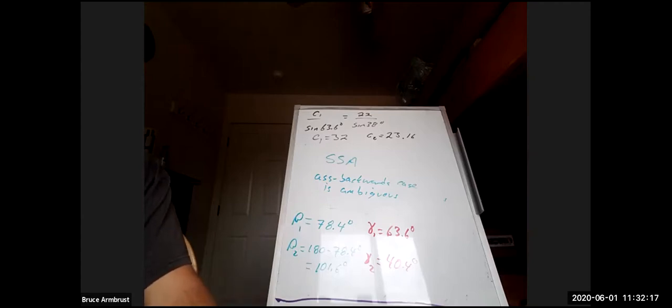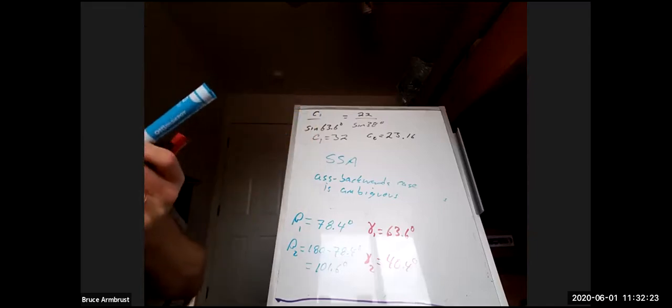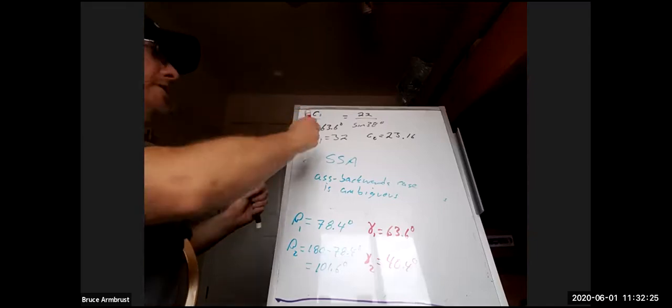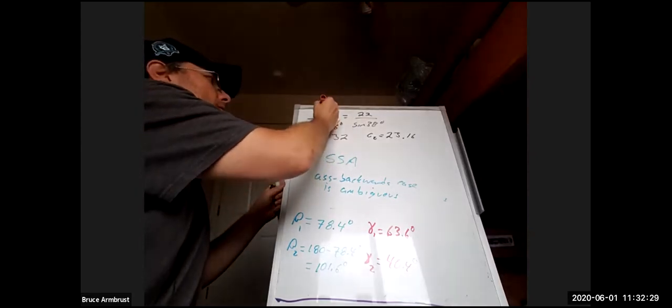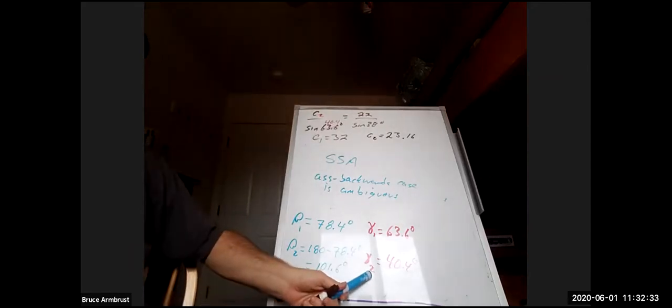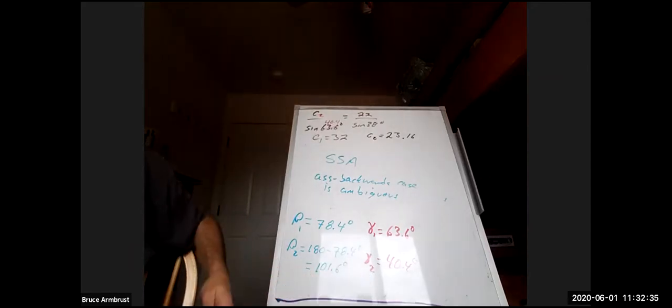All right, so Bella, how I got C2 was exactly the same thing, except instead of 63.6, I used 40.4, because it's a different gamma. It was the gamma for our second case. Okay, good.